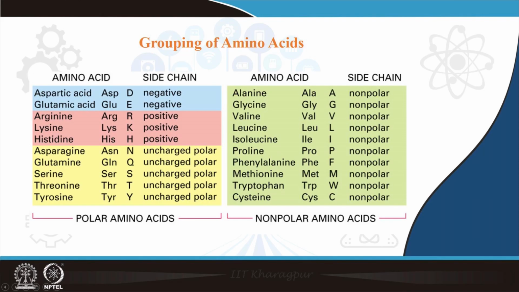If we have a negative amino acid or a positive amino acid, these amino acids, as I mentioned earlier, are likely to be on the surface of the protein. Why? Because they are going to interact with the solvent. When you're speaking about the solvent, where is the protein?